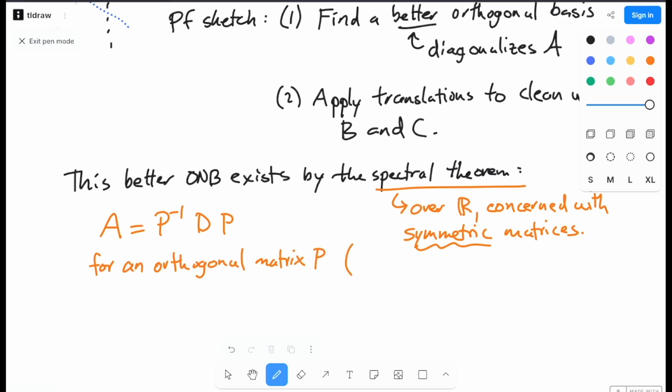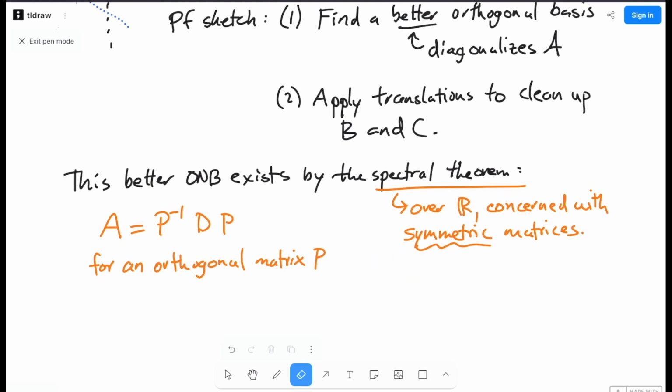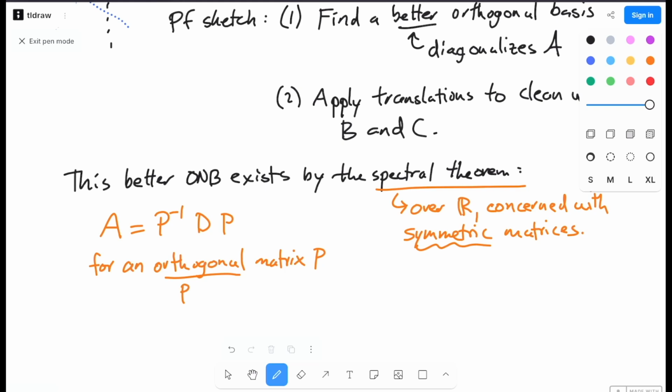Remember here, orthogonal means that P transpose is P inverse. It's not self-adjoint, so P transpose is not P, but it is P inverse. This is precisely what the spectral theorem says for matrices over the real numbers, and I should say D is diagonal, to get the full power.